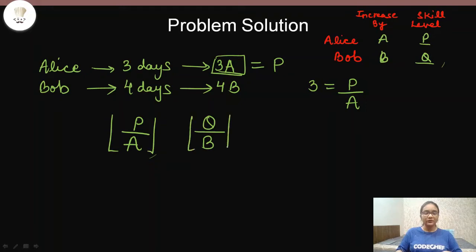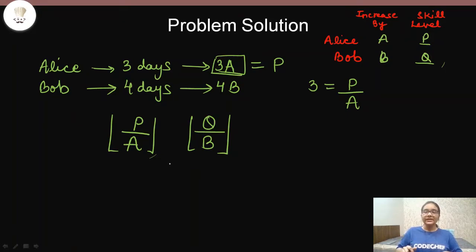So we will only pick up the integer part or the floor value of these divisions. So P divided by A and Q divided by B will give us how many days Alice and Bob will have to work to achieve the skill levels P and Q respectively.